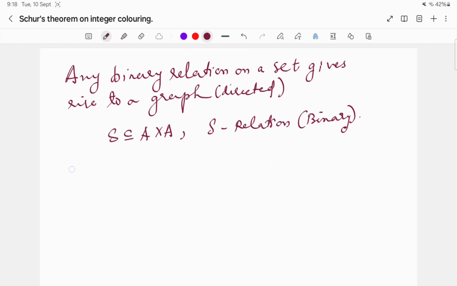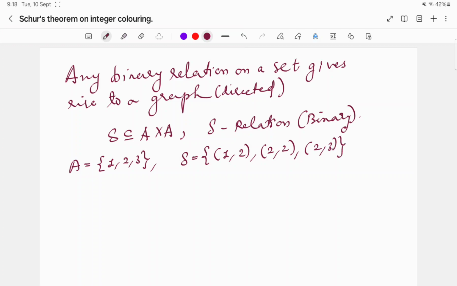Now when you have a binary relation, then we can construct a graph. For example, suppose you take A equal to the numbers 1, 2, 3, and your binary relation to be (1,2), (2,2) and (2,3).